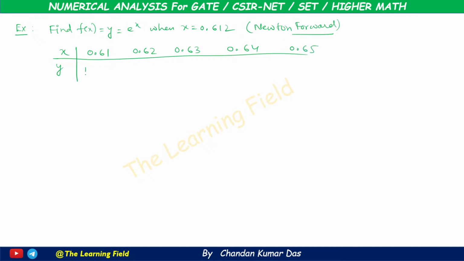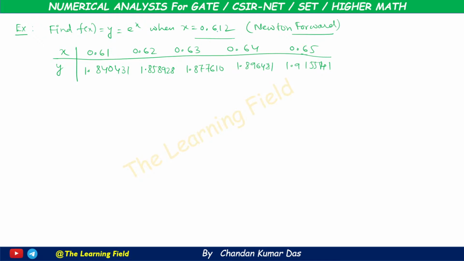The y values are 1.840431, 1.858928, 1.877610, 1.896481, 1.915541. From this given data we have to find the value at 0.612.